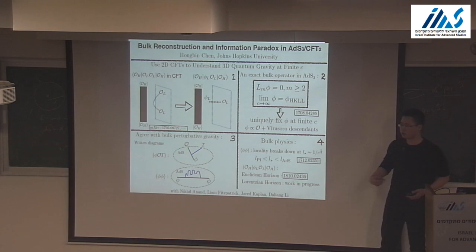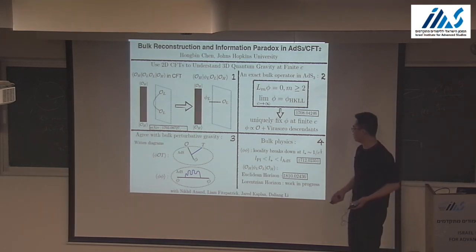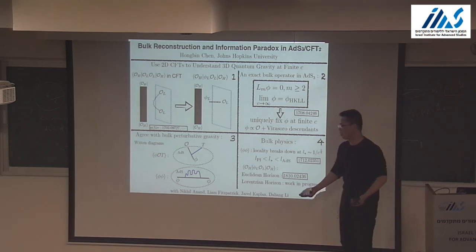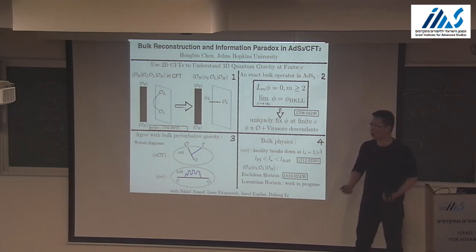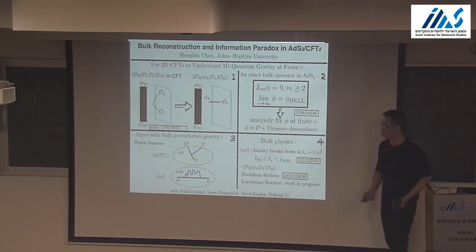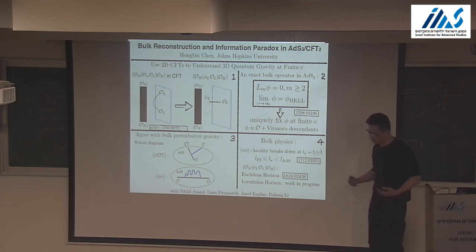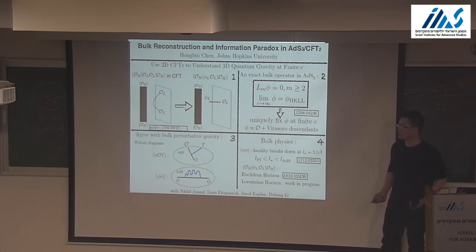But eventually, if we want to really resolve the black hole information paradox in AdS/CFT, then we need to know what's happening near the black hole horizon. So we need to construct a bulk operator in terms of CFT operators and use that operator to probe the black hole horizon. And we want to be able to do this at finite central charge because we want to really include the quantum gravitational effects.